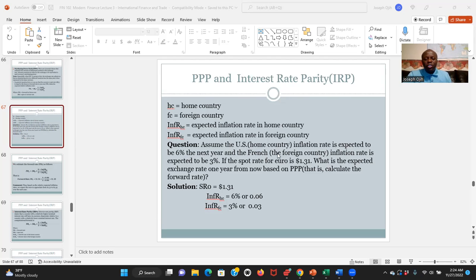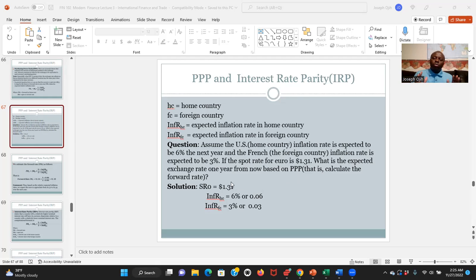And the French, which is now the foreign country for me, inflation rate is expected to be 3%. Now, if the spot rate for euro, because euro is the currency that France uses, is $1.31, what is the expected exchange rate 1 year from now based on purchasing power parity? In other words, it's asking you to calculate the forward rate 1 year from now.